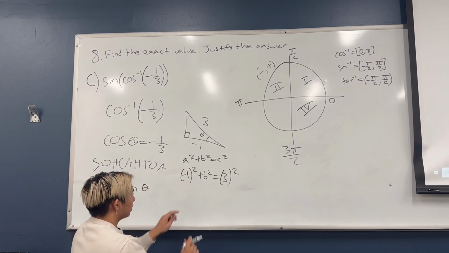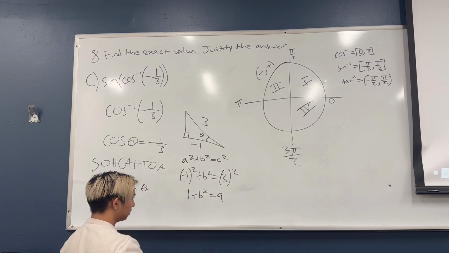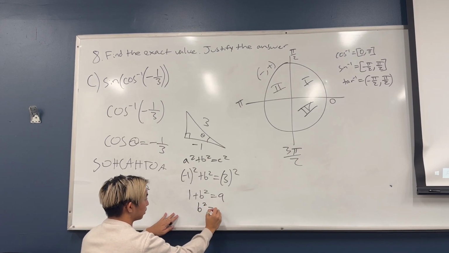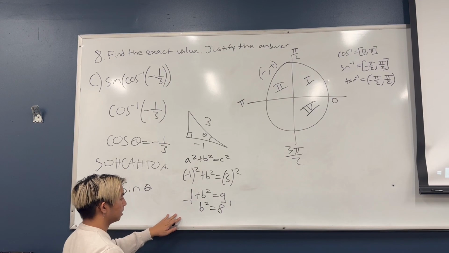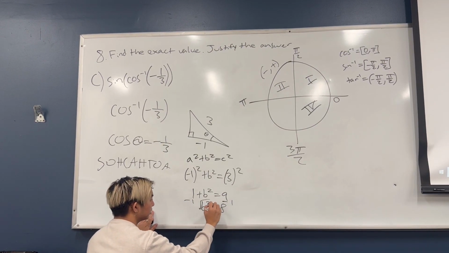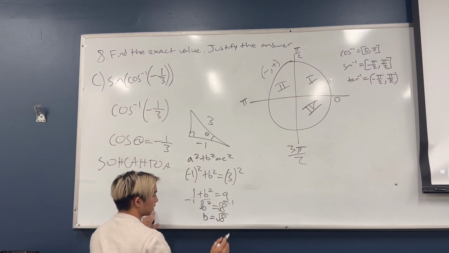So negative 1 squared gives us 1, plus b squared equal to 9. We want to isolate the b, so this becomes b squared equals 8 because I subtracted 1 from both sides. Left with b squared equal to 8, I'm going to take the square root of both sides, so b is equal to square root of 8.